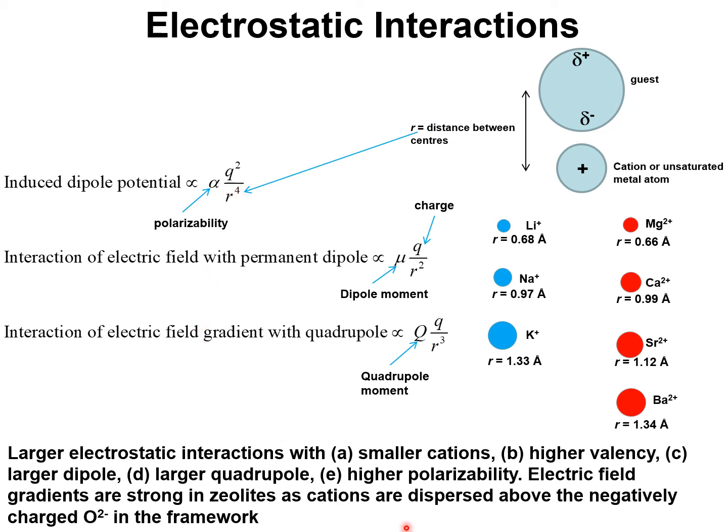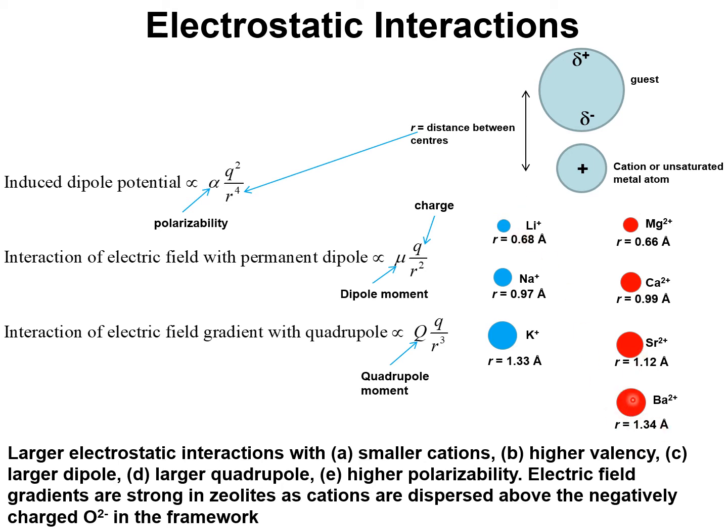In other words, larger electrostatic interactions are achieved with smaller cations because the center to center distance is smaller if the radius of the extra framework cations is smaller. The electrostatic interactions increase with the valency of the extra framework cation.